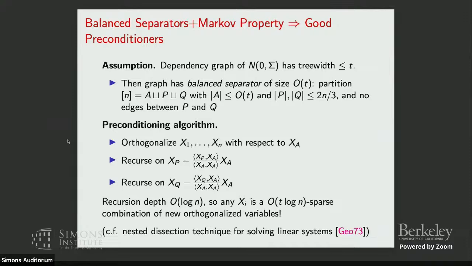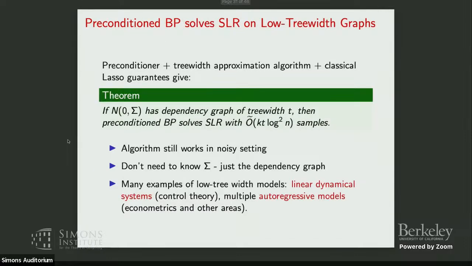Okay. And as I said, some of these preconditioning techniques have a long history in numerical linear algebra. This is very close to something called nested dissection techniques for solving linear systems, which was done way back in the 70s. Okay, so in summary, if the dependency graph has tree width t, then you can solve it with preconditioned belief propagation or basis pursuit or any of these things. Once you do the basis change, we'll solve sparse linear regression, and the number of samples is going to be k times t times log squared.